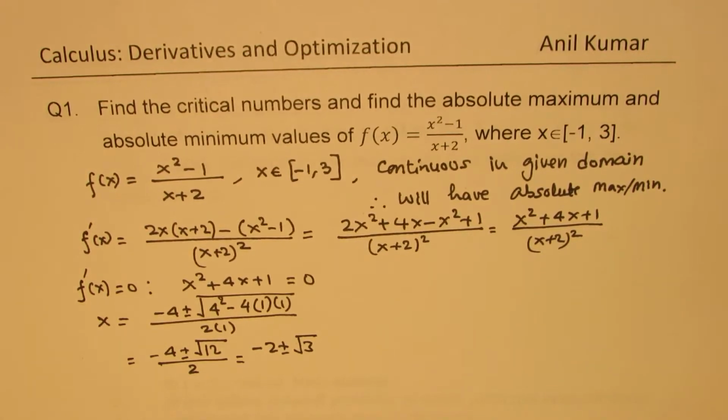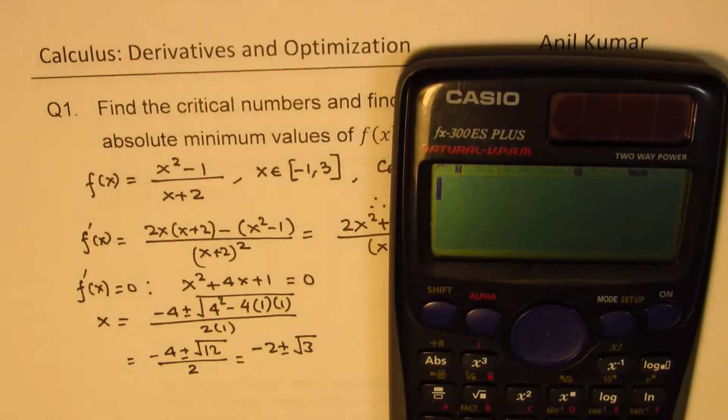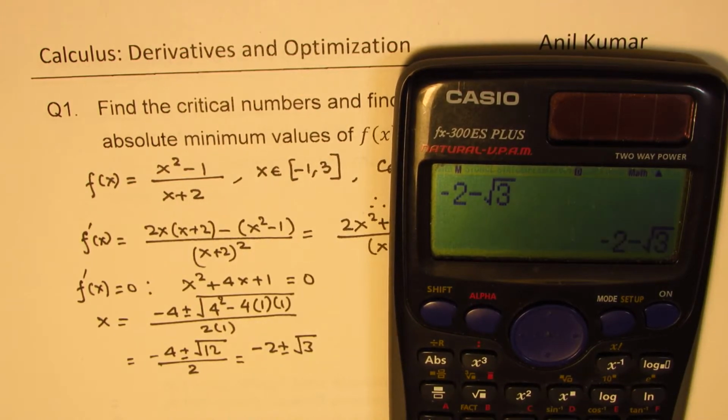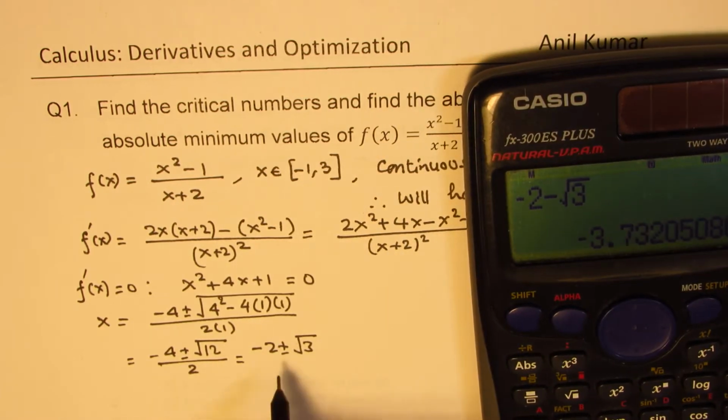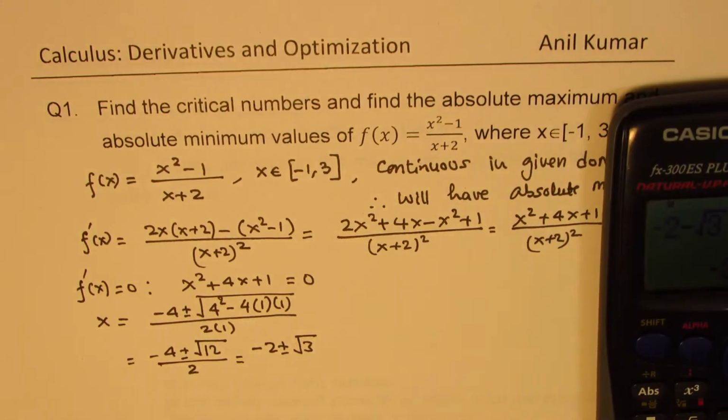Okay. Let's find a decimal equivalent. It'll be easier for us. So we have minus 2 minus square root of 3, which in decimals equals minus 3.73. So we have two values here. One of them is minus 3.73.